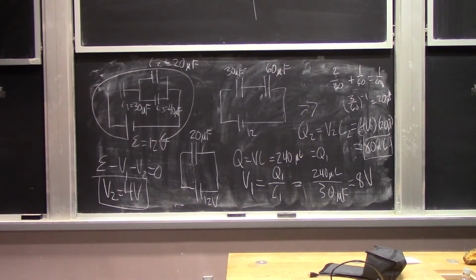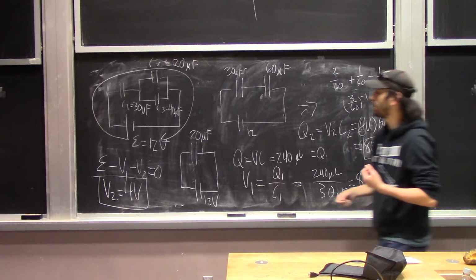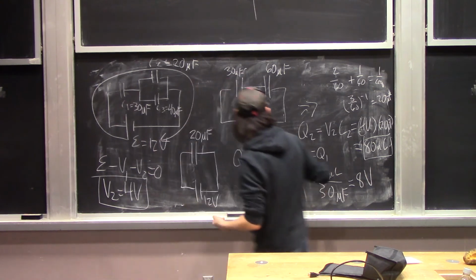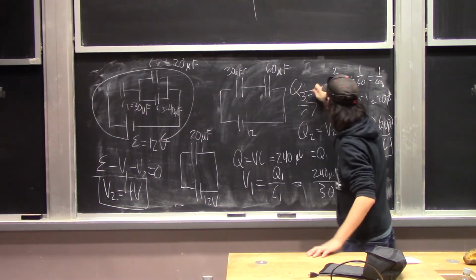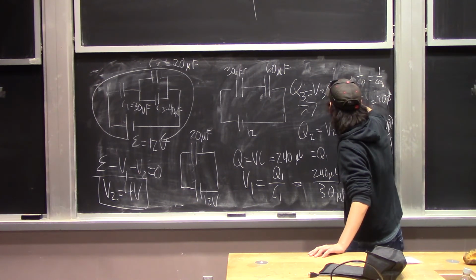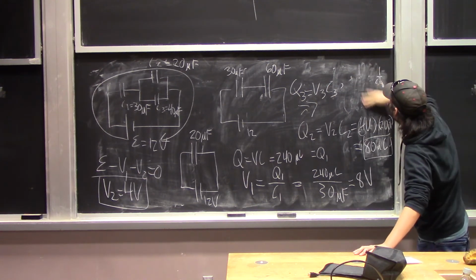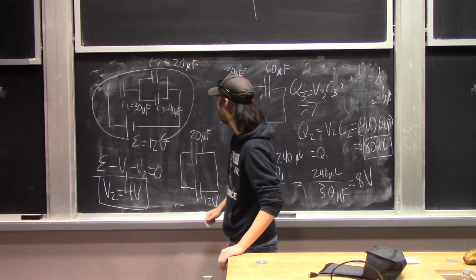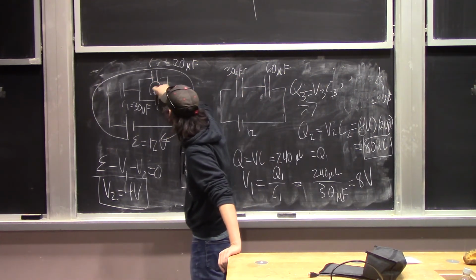Now, the last thing that we can do is find the charge on C3, because, again, Q3 is equal to V3 times C3. We know that V3 is ultimately going to be the same as V2, because we can do a loop around here.